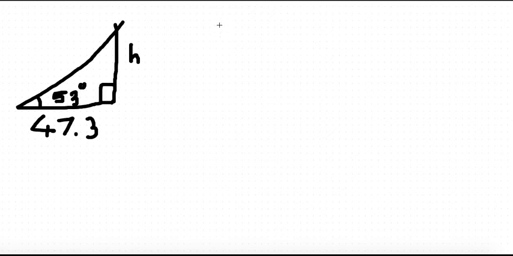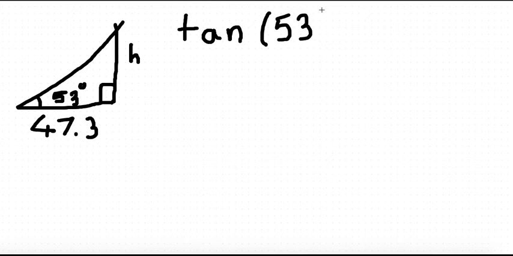Now, to solve this, you have to use the tangent ratio because it gives you the opposite and the adjacent sides. So the tangent of 53 degrees is equal to the height over 47.3, opposite over the adjacent.